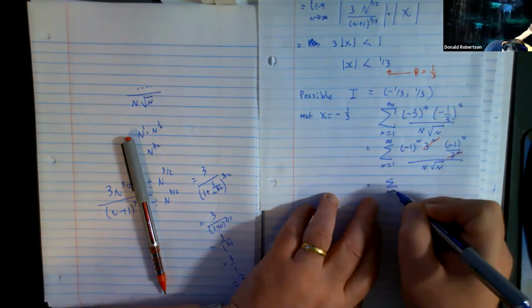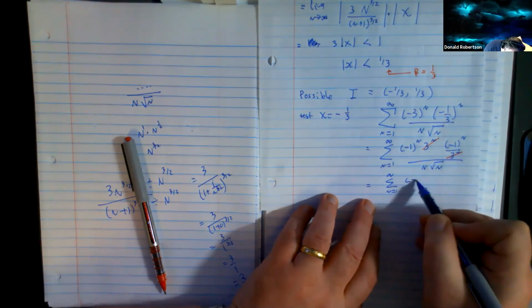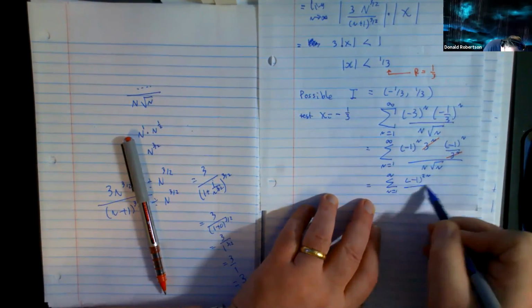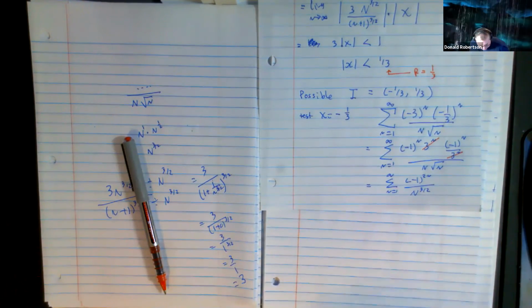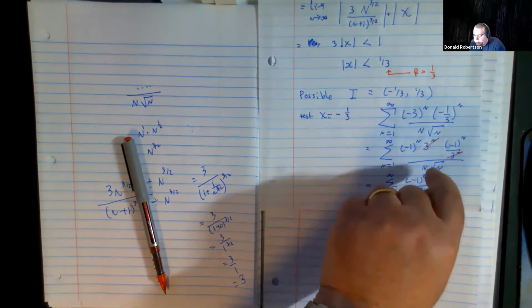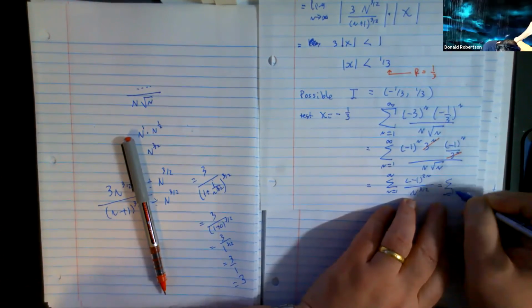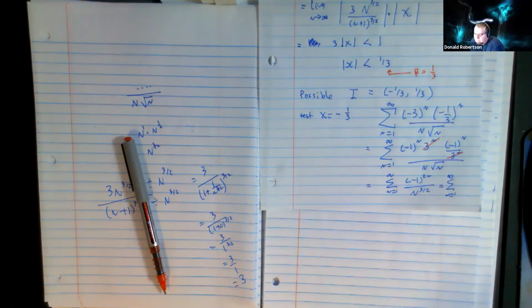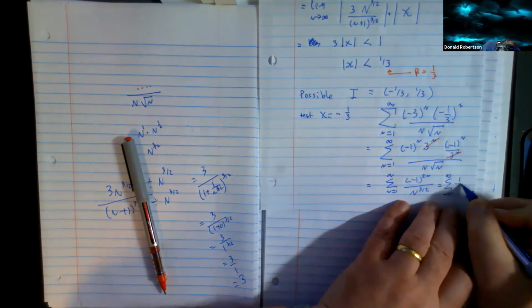What is going to happen when you take this and you multiply it by this? Well, you're going to get -1 to the 2n. Oh, and while I'm at it, let's turn that guy into n to the 3 halves. -1 to the n times -1 to the n is -1 to the 2n. Do you know that -1 to the 2n is actually not alternating? Isn't -1 to the power of 2n always 1? Because it's -1 squared, -1 to the 4th, 6th, and 8th. So you just get that guy.